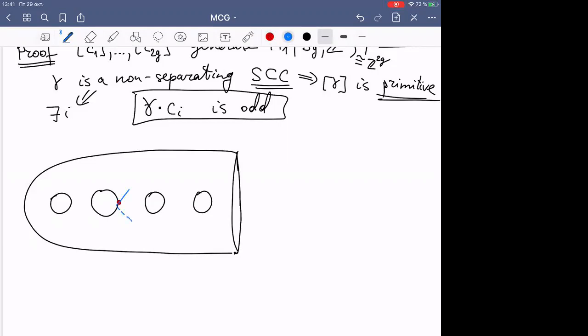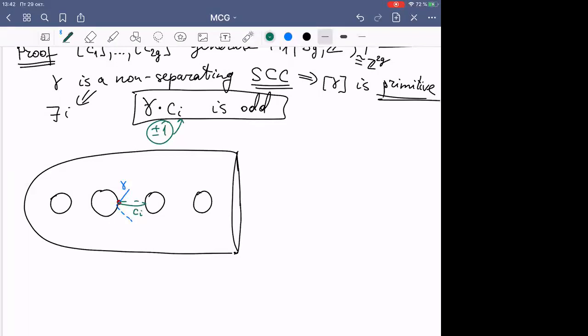If we have a transversal intersection at a point, say of some gamma and one of the C_i, then in this intersection point it will count with coefficient plus or minus 1.